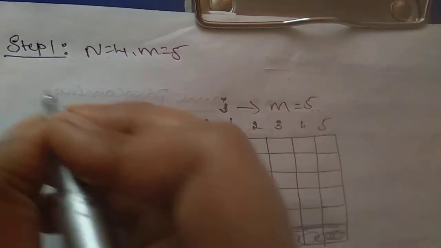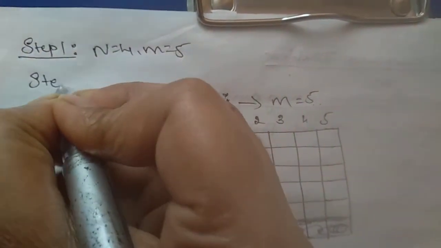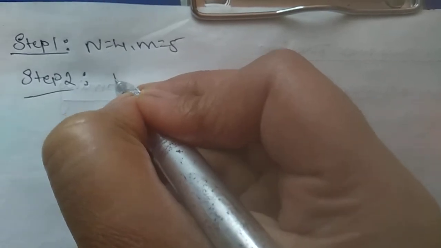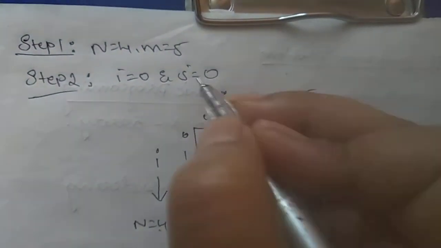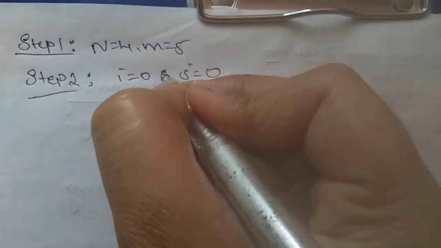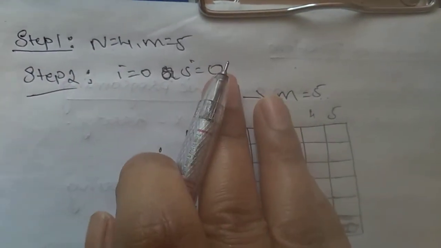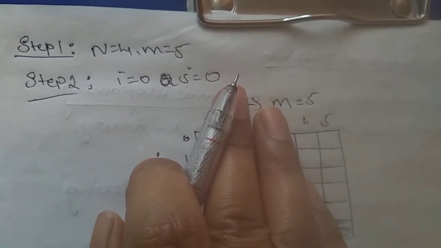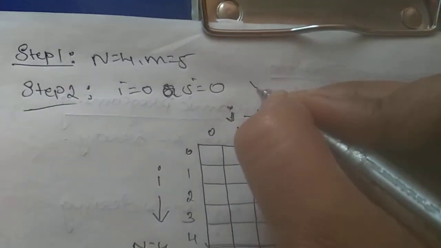Then in step 2, we start with the initial solution. If i equals 0 or j equals 0, what is the condition?